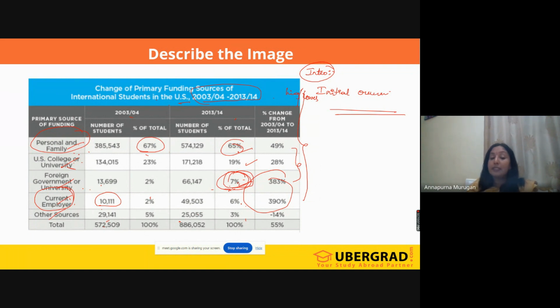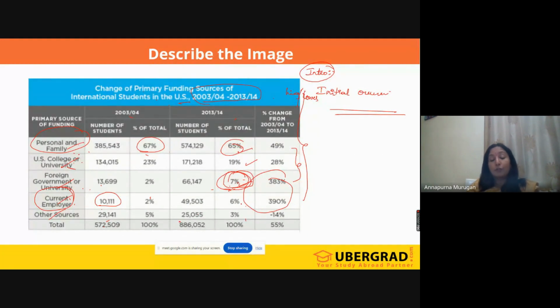The presented table graph represents the different sources of fundings for international students to study in US between 2003 and 2013 academic years. So it is crystal clear from the graph that the personal and family fundings contribute to a great extent in both the years, followed by that of university or the US colleges.